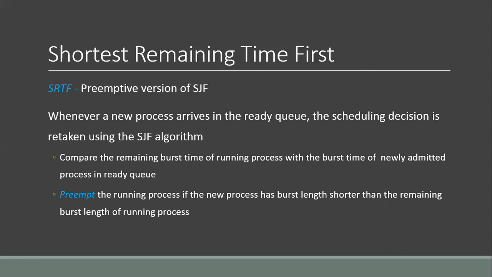And if the remaining burst length is greater than the burst length of the newly admitted process, then we will preempt the currently running process. Then run the process with the shortest next burst length. So based on this if condition, we will select the process for execution on the CPU.